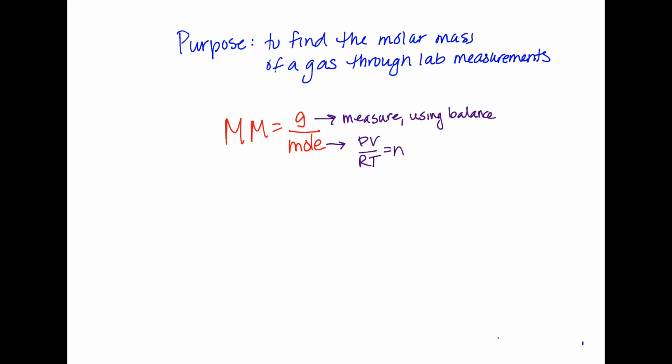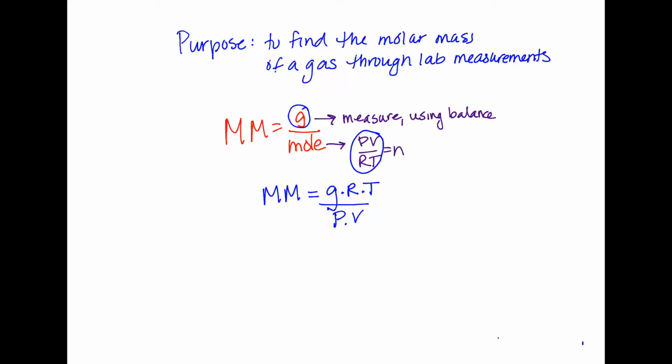When you put these two things together, grams on top and moles on the bottom, you get an equation that looks like this. Molar mass equals grams times R times T over pressure times volume.